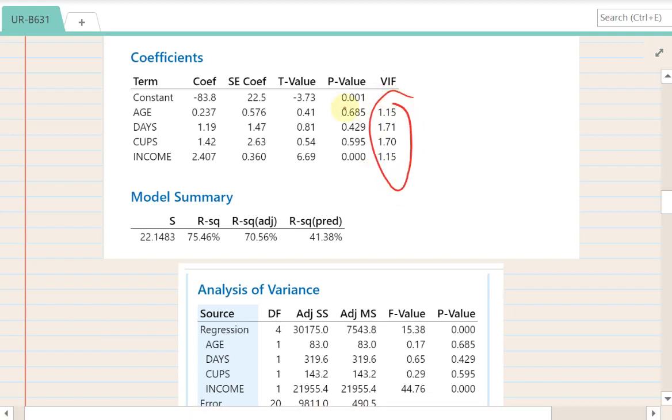And if you want to know how Minitab calculates it, it actually does a regression. It regresses age against the other 3 to get this number. Regress days against age, cups, income, you get that number. So that's the basis of how it's done. Okay, just to point that out.